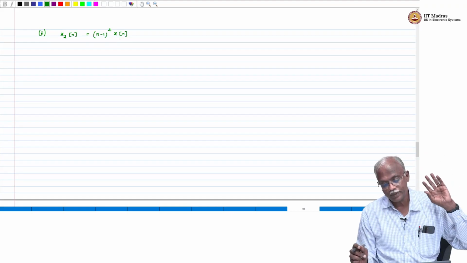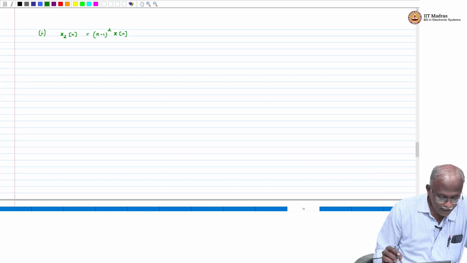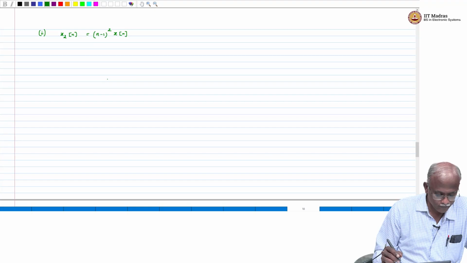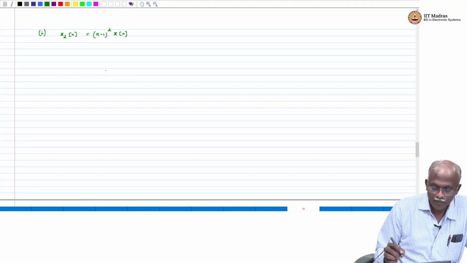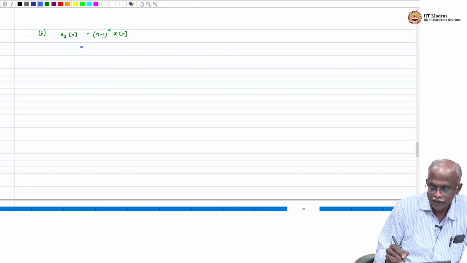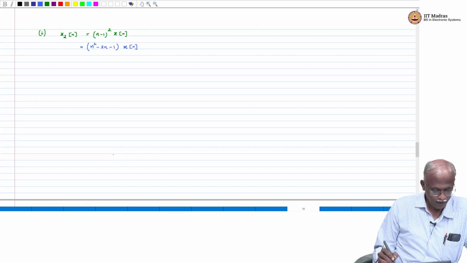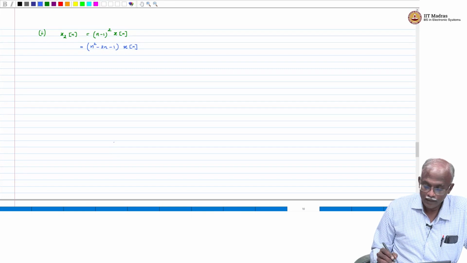You want to get the expression for the DTFT of x2 in relation to x1. Okay. So, the first thing that we do is to expand the square term: n squared minus 2n plus 1 times x of n.